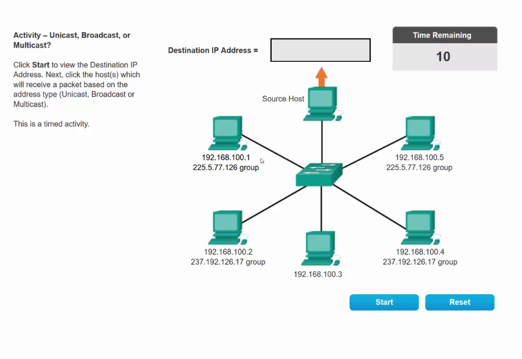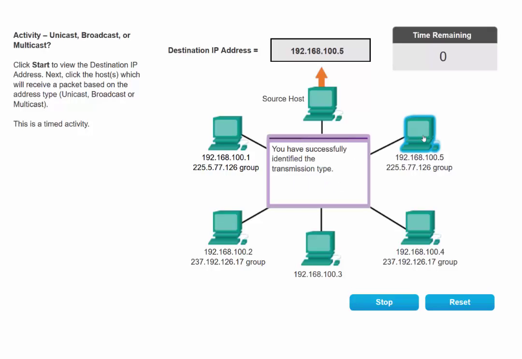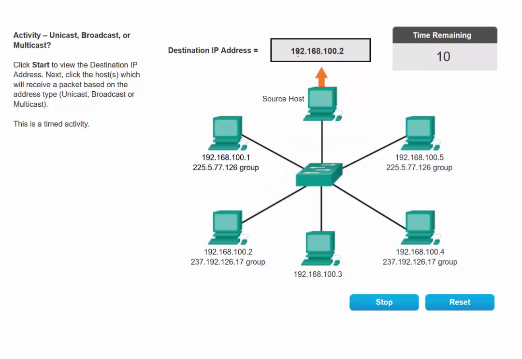Once we click start, we see the destination address here, and then we need to know whether it goes to one host, to all hosts, or to one multicast group. So let's start. 192.100.5, so that's obviously this one. That's a unicast address. Let's see if that's correct. Correct. All right, next.